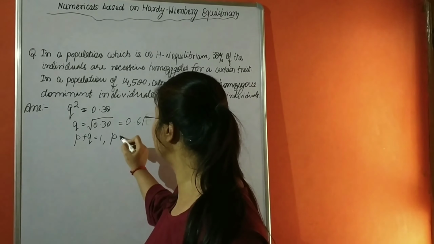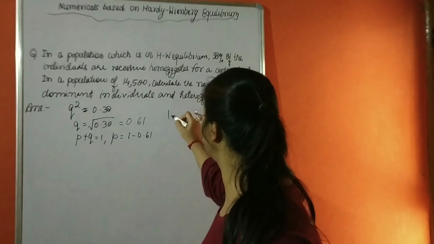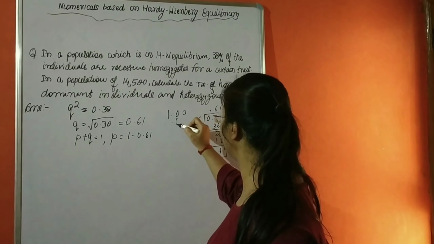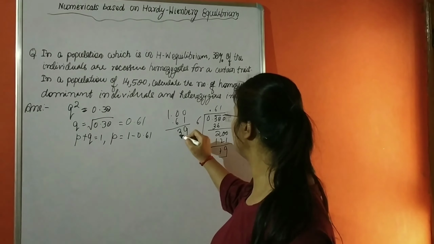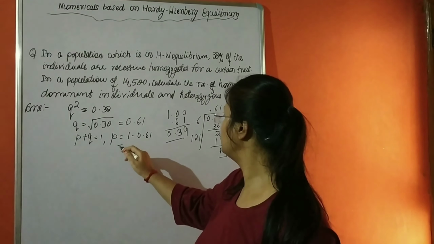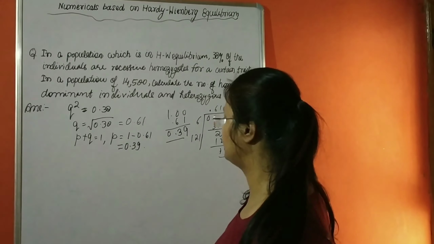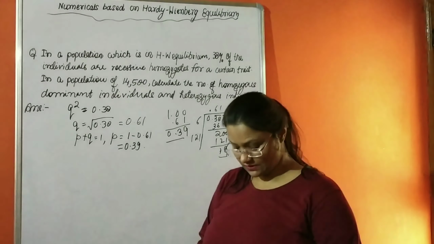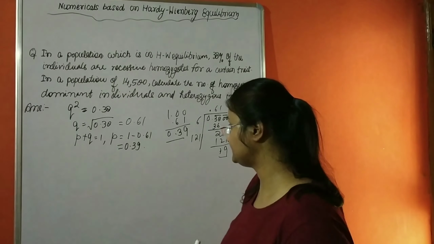So p here will be 1 minus 0.61, which is 0.39.